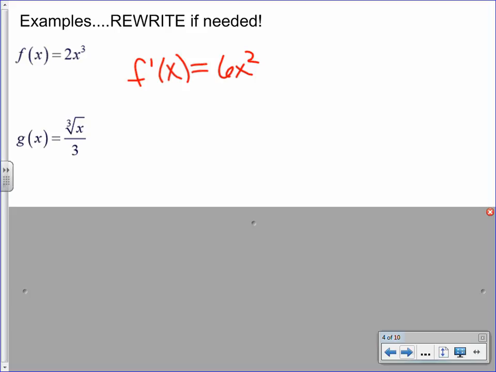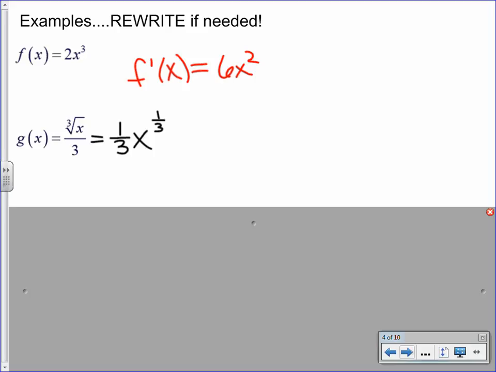This may be a time where we should what? Rewrite. We should rewrite it. So I'm going to rewrite this as 1/3 times x to the 1/3 power. Okay.